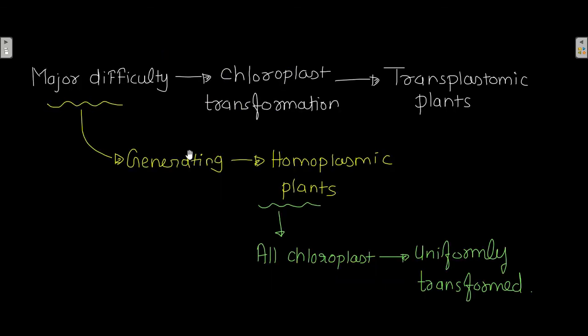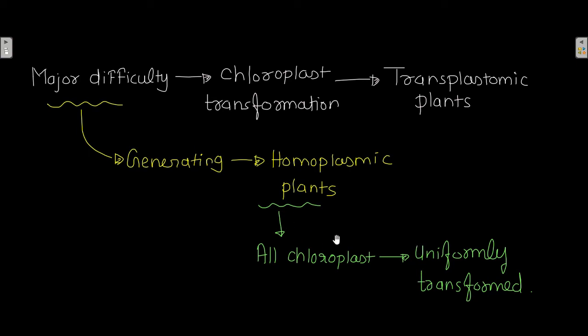Now, the major difficulty in chloroplast transformation to produce transplastomic plants is that you have to generate homoplasmic plants, and that is very difficult. Homoplasmic plants means plants in which all the chloroplasts are uniformly transformed.